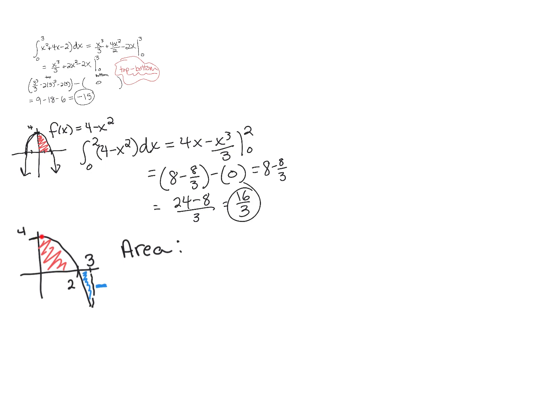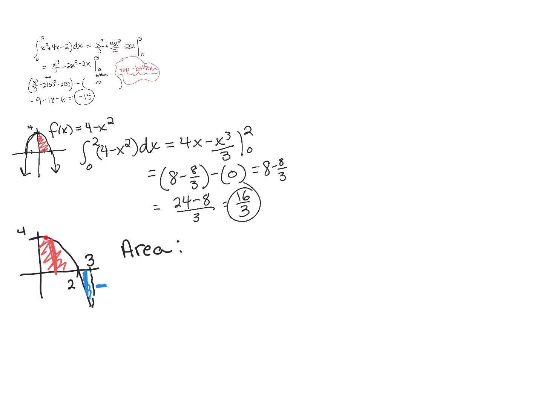For from 0 to 2, let's look at one of our little rectangles. Remember, we've split it up into an infinite number of rectangles. We've got a rectangle right there. So let's look at the red rectangle. What's the top of that?